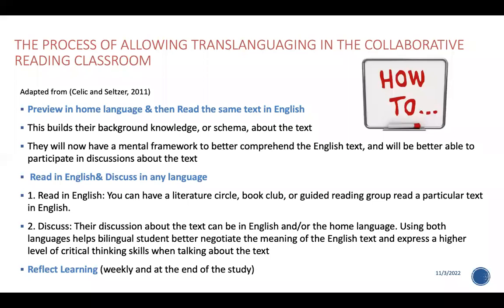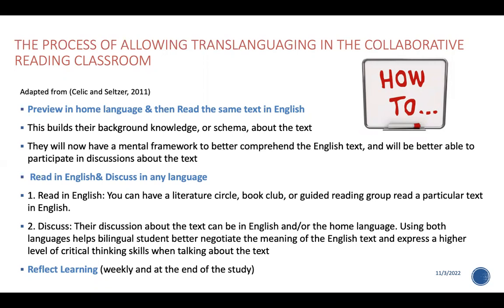This strategy not only builds their background knowledge or schema about the text, but it also enabled their mental framework to better comprehend the English text. So this will also result in better participation in the discussions about the text, because they now understand it and they're connecting their home language to it.